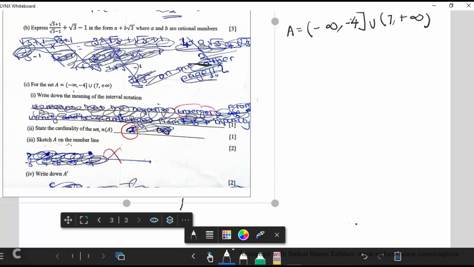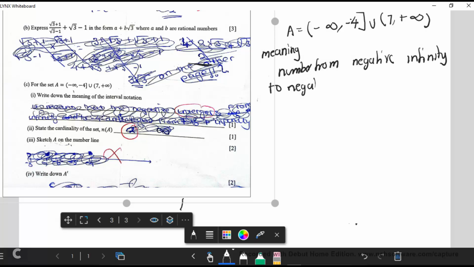So what are you supposed to do here? The meaning here will be: numbers from negative infinity to negative 4, right?